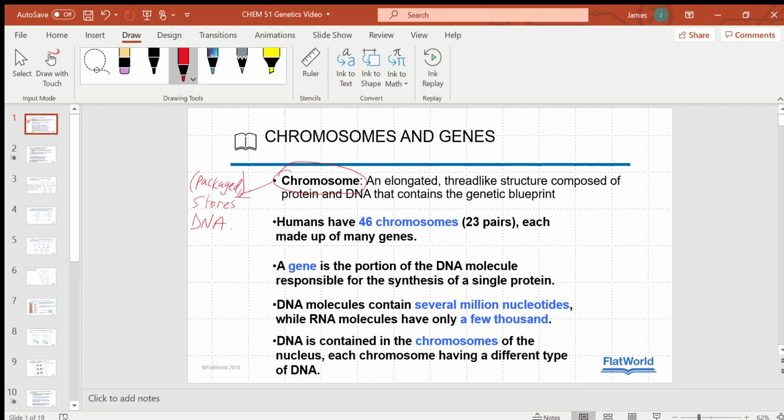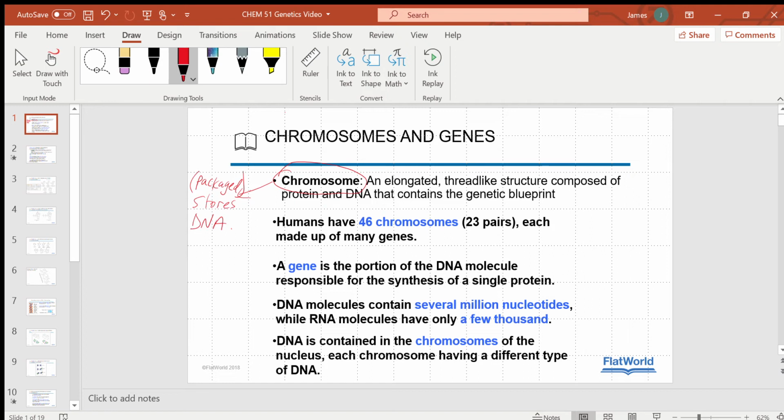Humans. Now, this next bullet point is a loaded question. There are many diseases where you can have more than 23 pairs, but let's say that the intentional design for a healthy human is to have 46 chromosomes, so 23 pairs.